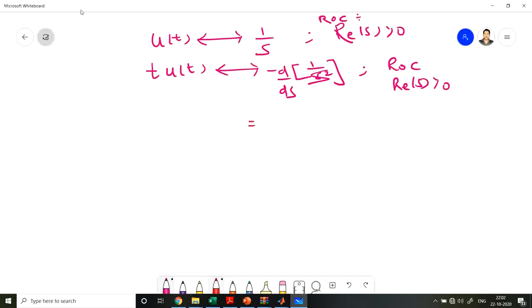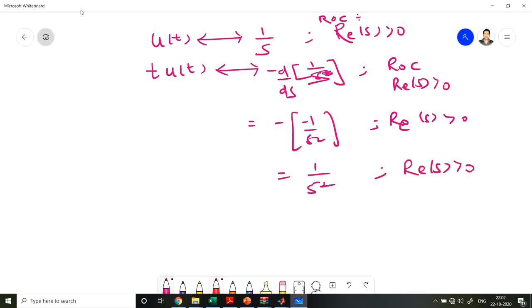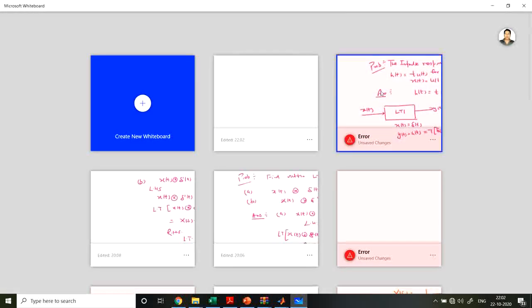So this is H(s) for h(t), 1 divided by s square, real part of s greater than 0. This is what we have written in our previous slide.